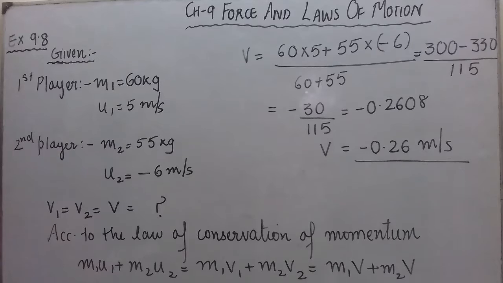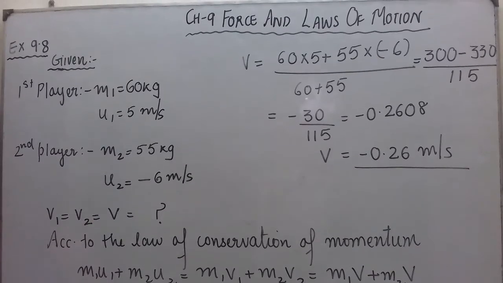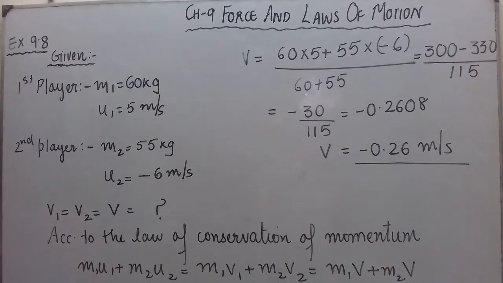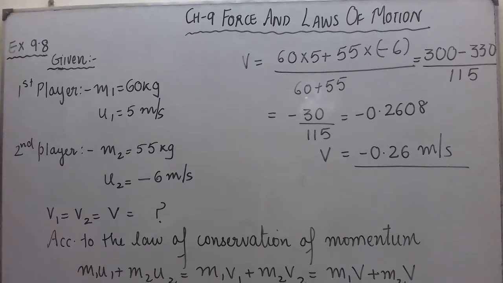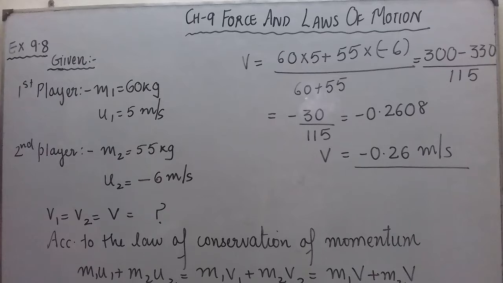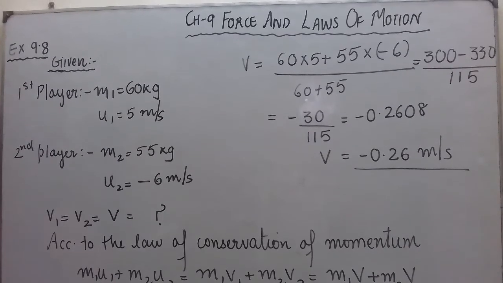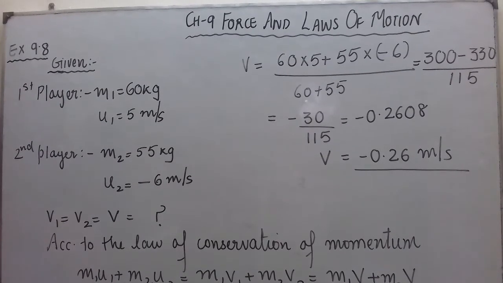Now the last solved numerical of this chapter, example 9.8. Two hockey players of opposite teams, while trying to hit a hockey ball on the ground, collide and immediately become entangled.